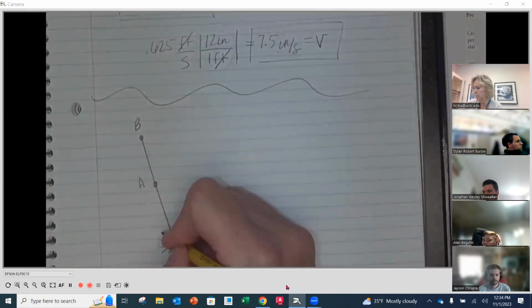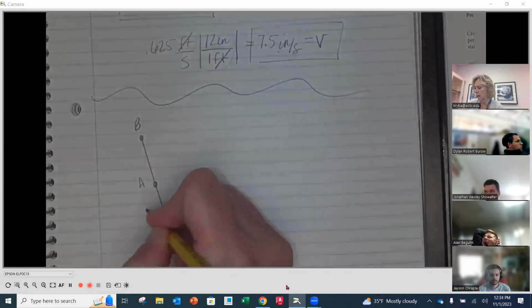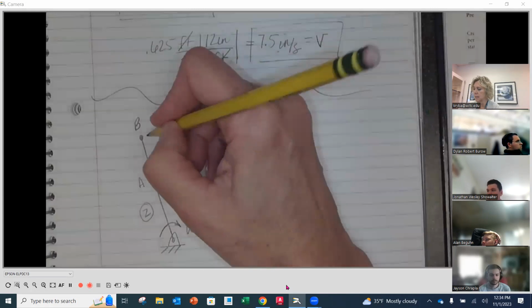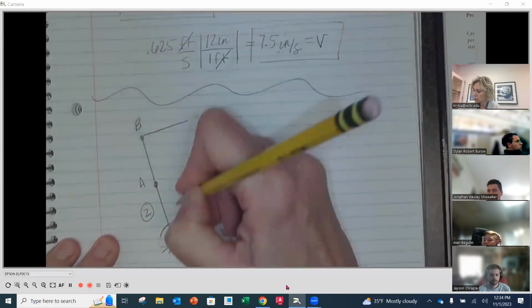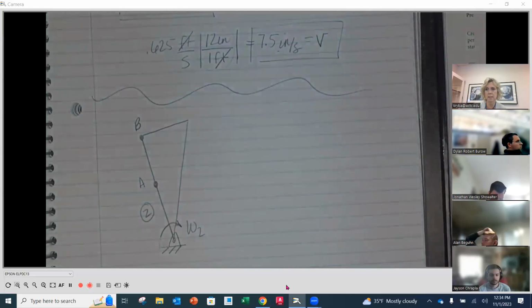We're going to be rotating in a clockwise manner, so we'll call this W2, just like in our example. And what we find is we have what we call a proportional relationship of the straight line velocity to its distance from the center of rotation.